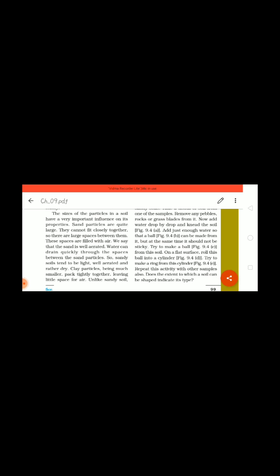How can you describe clayey soil? Mostly clayey soil means clay. Where can we see clayey soil? On the farmlands, and some potters will use that to make some utensils.